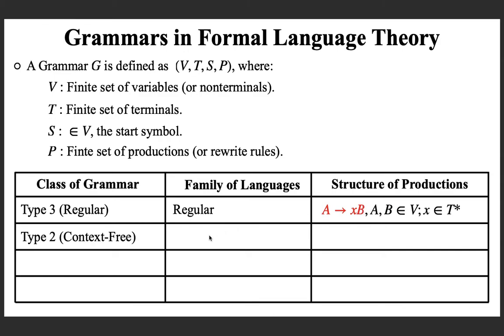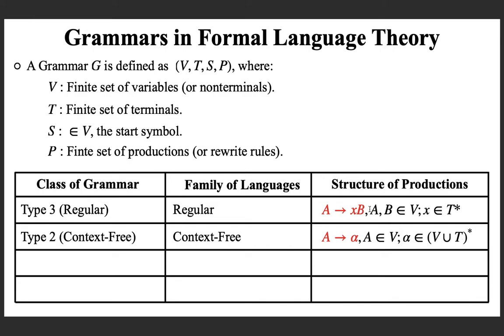The next class of grammars that we learned is context-free grammars, also called type 2 grammars. The class of languages represented by them is context-free languages. In a context-free grammar, the productions are of this kind, where the LHS is a variable and the RHS could be any string of variables and terminals.